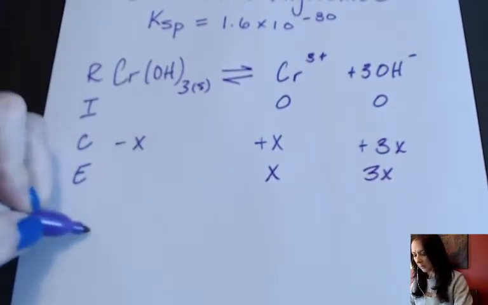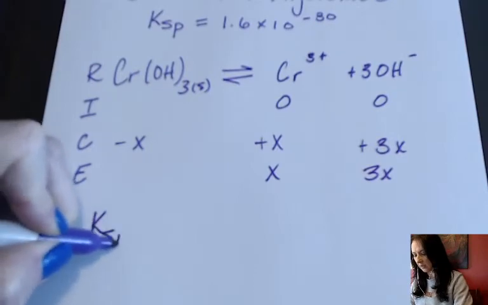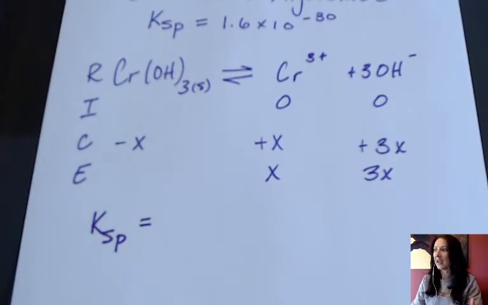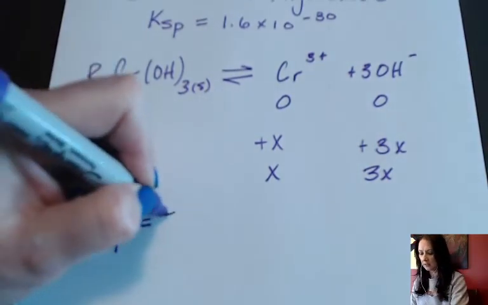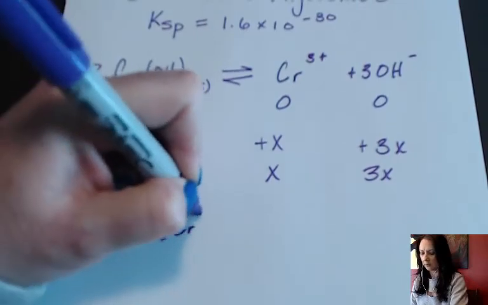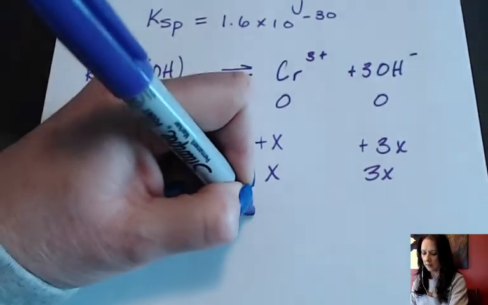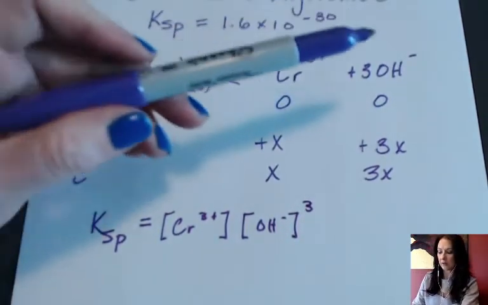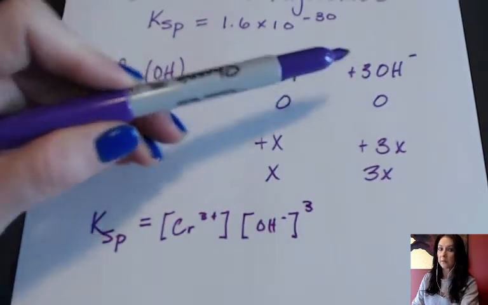So right now, I'm going to write my KSP expression. KSP, just like KC, KP, KA, KW, is products divided by reactants. In this case, my two products, Cr3 plus times hydroxide. That hydroxide is cubed, again, because of my mole ratio, because of my 3 here.